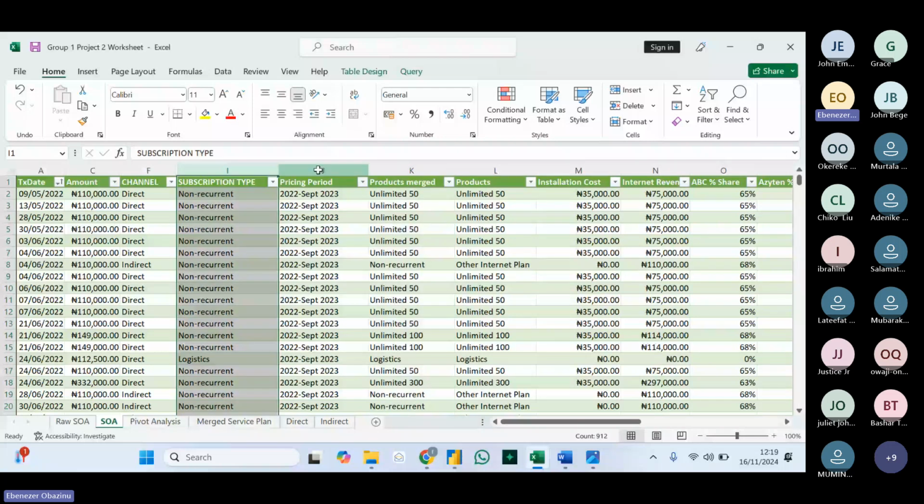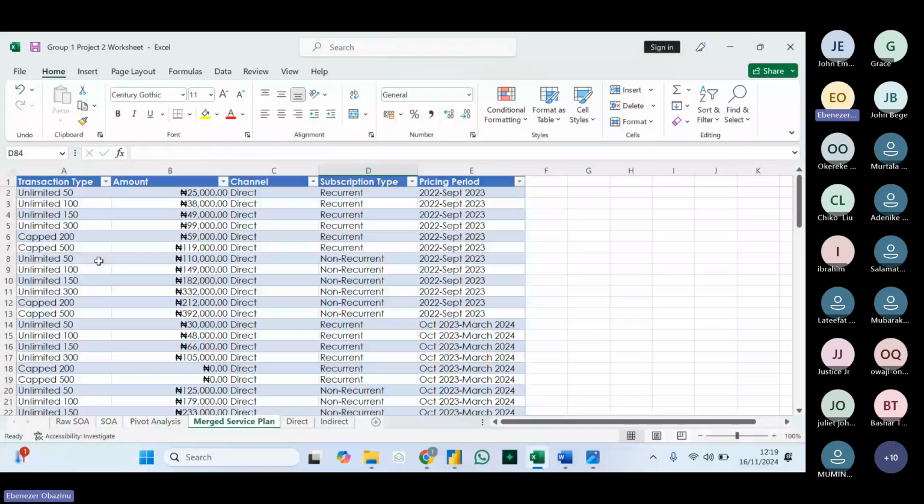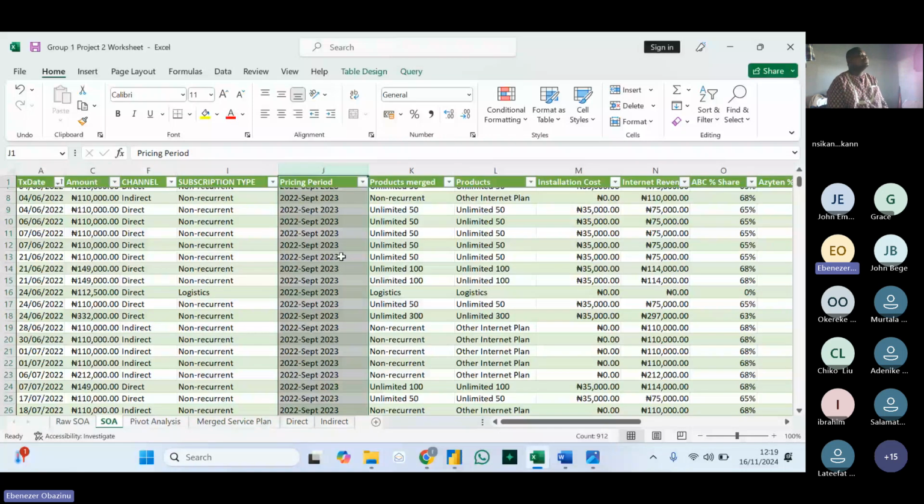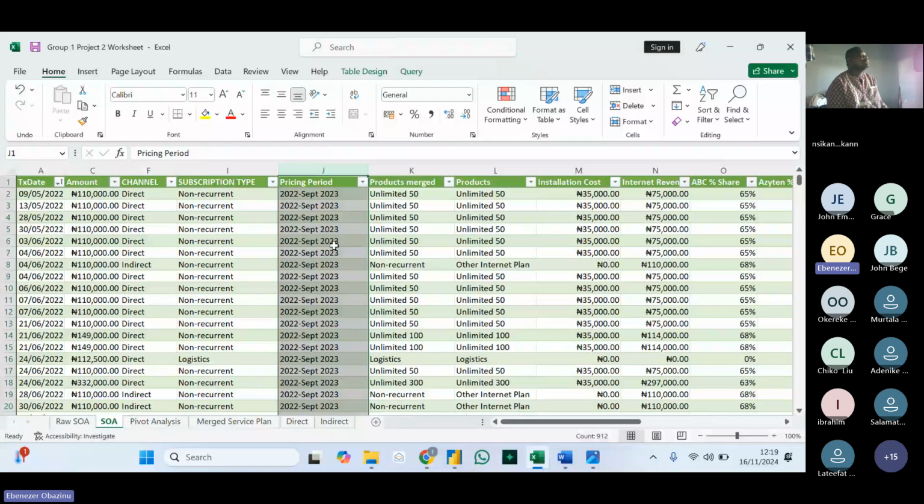So we used merge and match functions with this table to return the transaction type for each transaction. Using that, we discovered that there are some transactions that are direct and indirect, but don't fall within any of the products. So we created another column to take care of that.